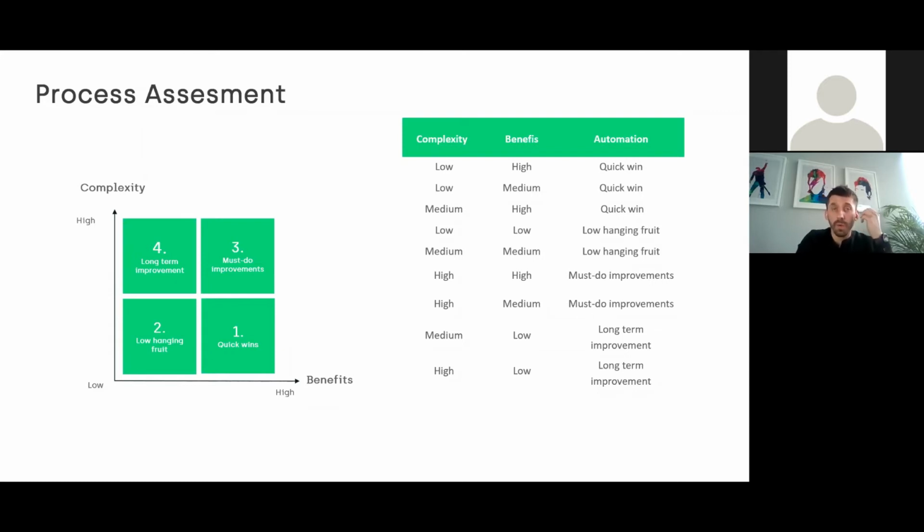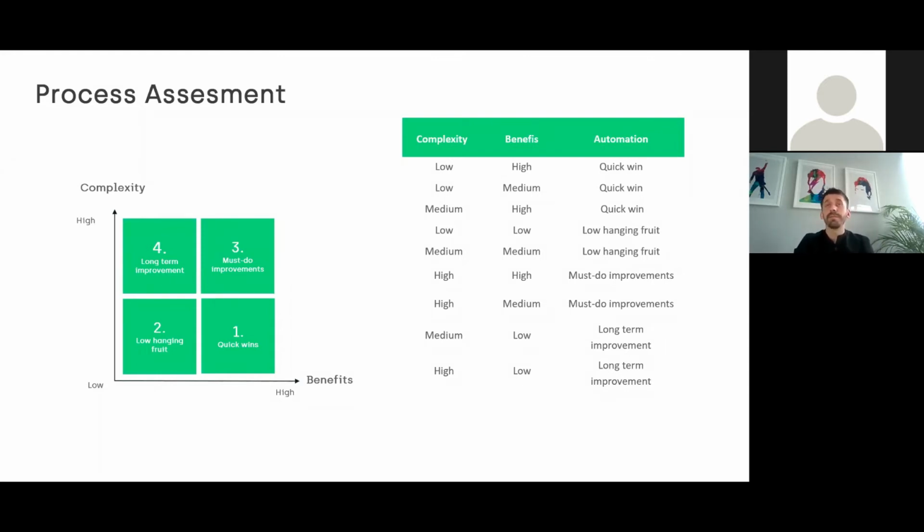We call it quick wins. The second approach is to pick processes with lower benefits, but still with low complexity, and those processes are called low hanging fruits.